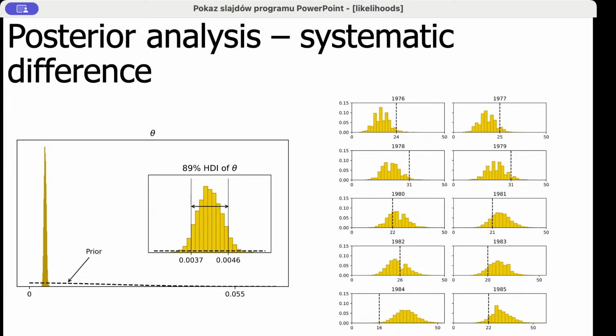And what can be the cause of this? Perhaps the fact that we assume that despite time passing, there are no changes in the risk of an accident happening.